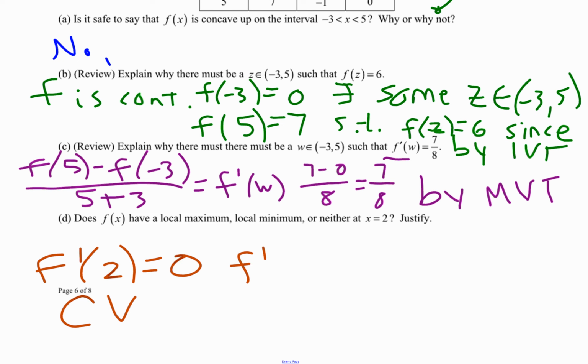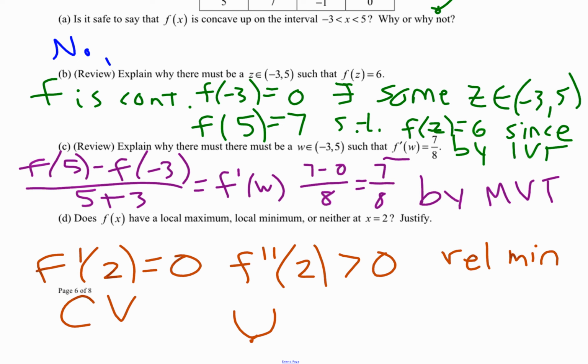And we know that f double prime of 2 is positive. So using the second derivative test, if it's concave up like a cup, remember, we have a relative minimum. And that's because of these reasons.